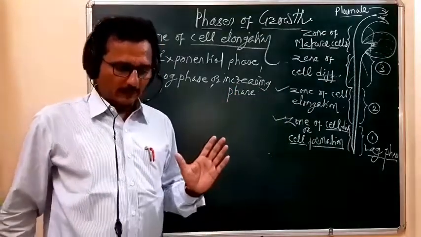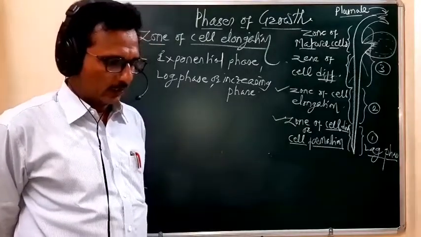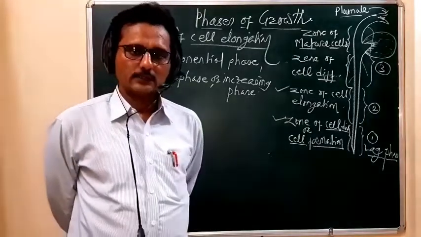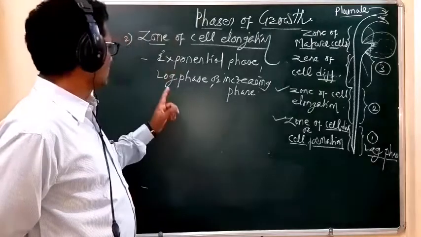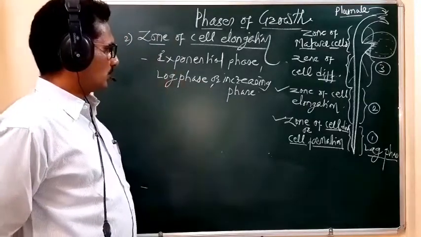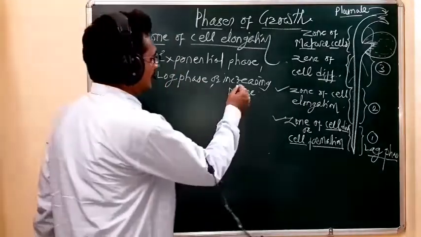So remember, this is the zone of cell elongation, or the exponential phase, or the increasing phase.